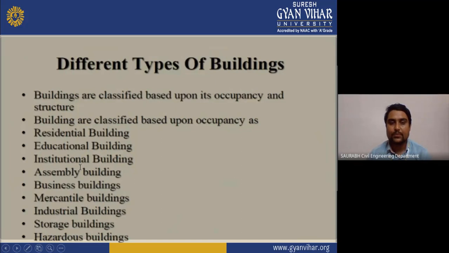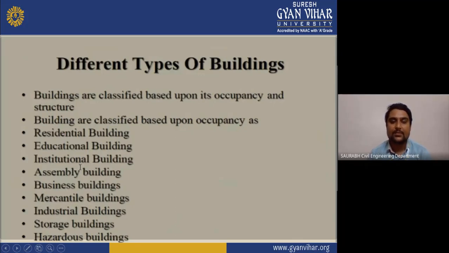And now we will know about the different types of building. This is also a very important part of this lecture. Buildings are classified based upon the occupancy and structure. First, we will see based upon the occupancy, and after that, we will see based on the structure.